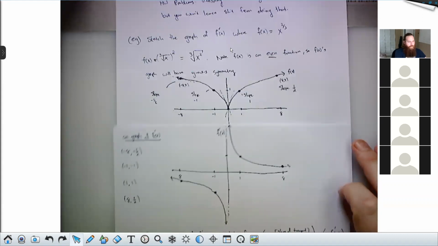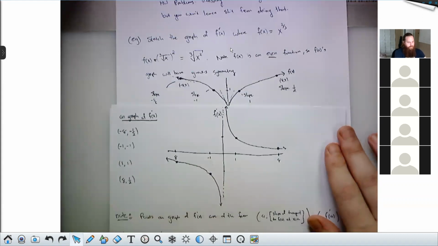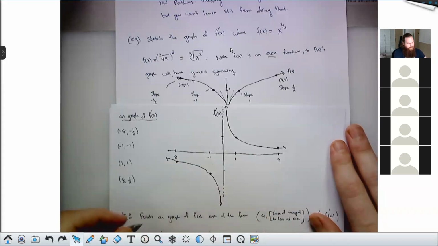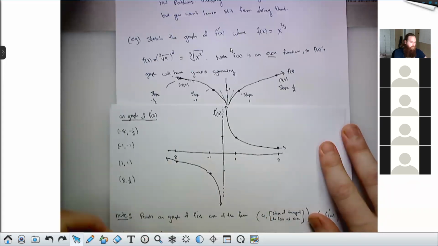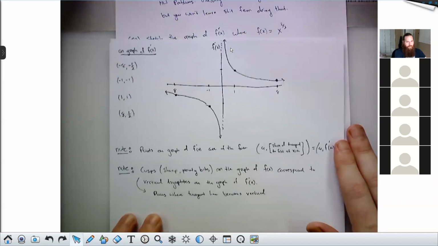So this is a place where you have vertical tangent lines. These cusps, these short pointy bits, these are places where the tangent line becomes vertical.